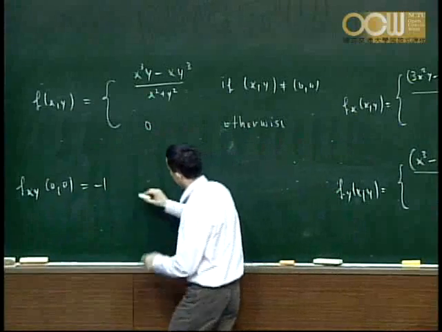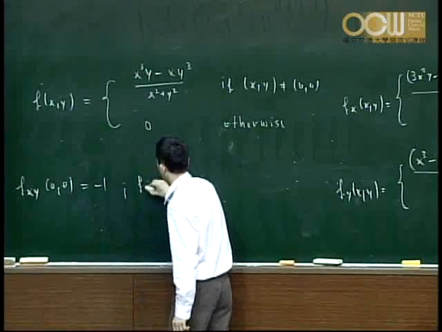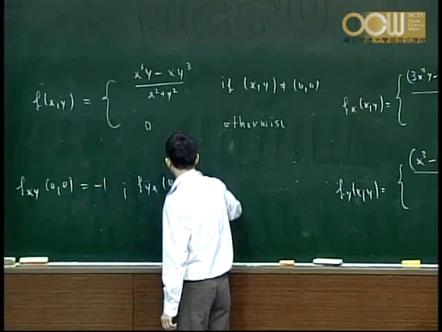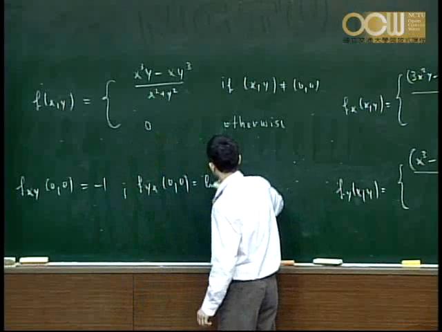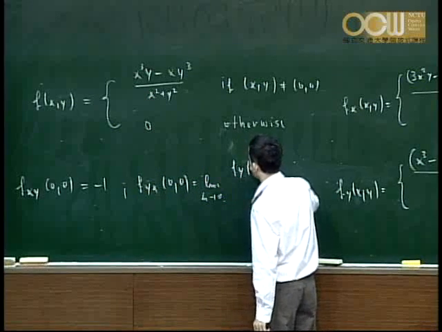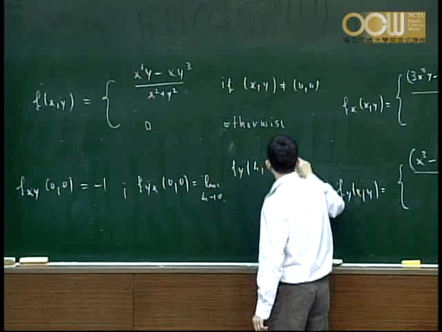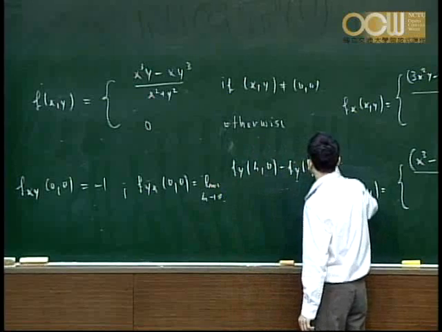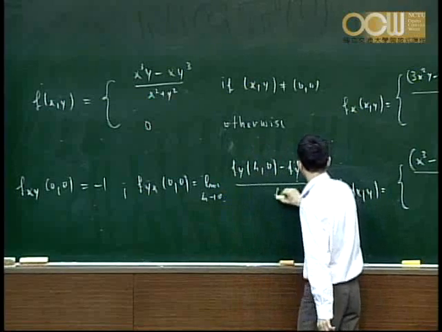Now how about f_yx at 0, 0. So this is now the limit as h tends to 0 of f_y at h, 0 minus f_y at 0, 0 over h.